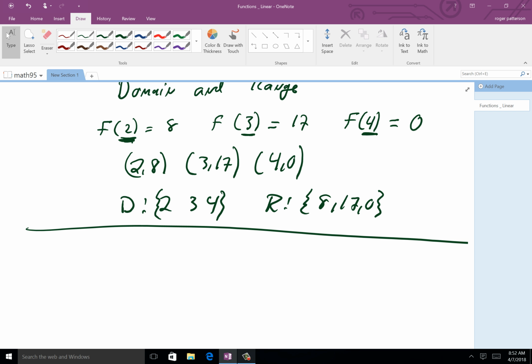If I want to graph something, even though it says f of x, it's not going to like that too much. You can just put y equals, because f of x and y are the same thing, and we'll just put a line in here. And there it is. It graphs it for you. You can put anything that you want, and it will graph it for you. It uses nice colors.